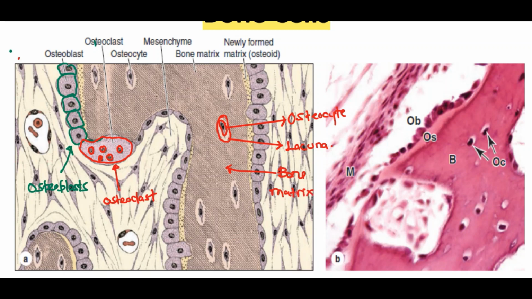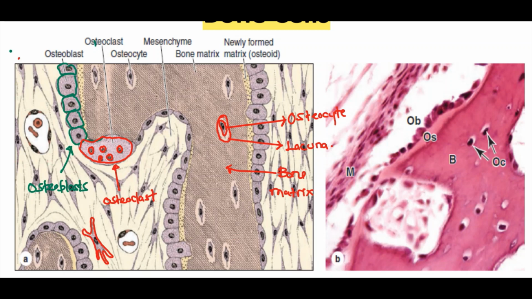Now you may ask, what are these cells here? This is just connective tissue cells. These are mesenchymal cells that could differentiate into anything, they could be fibroblasts or anything else.